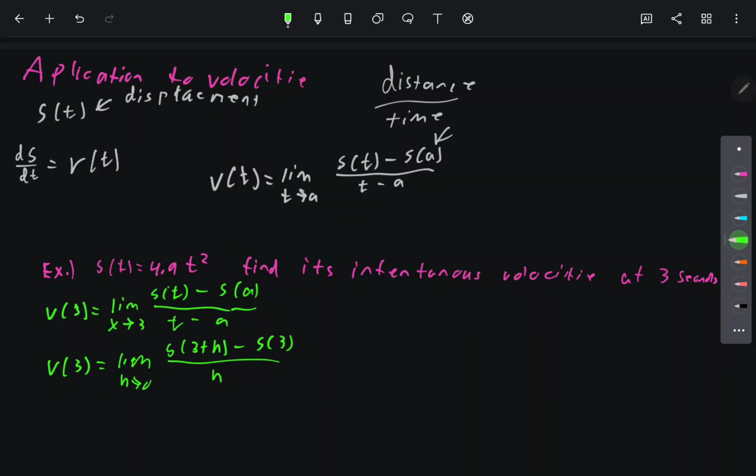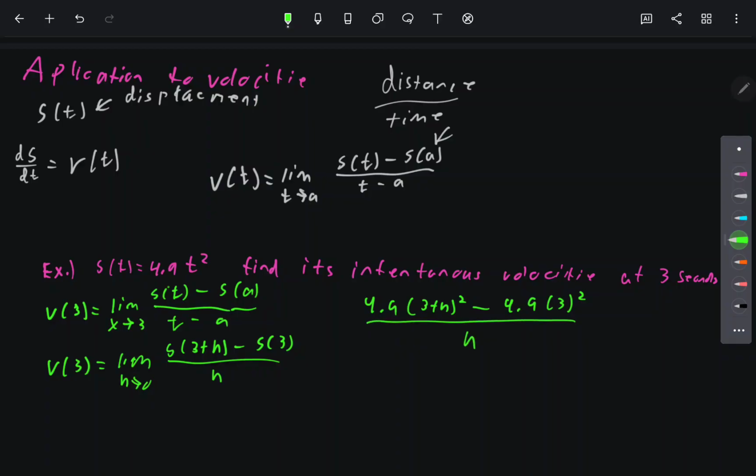So what we're going to have is 4.9 times the t value. Okay, there we go. So 4.9, and we have this 3 plus h value squared, and then minus 4.9 times 3 squared.